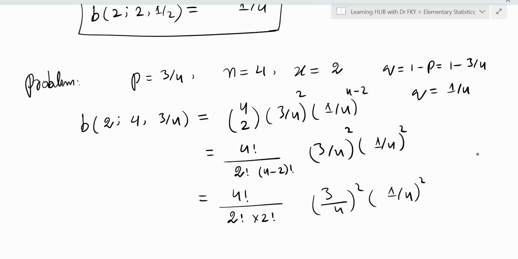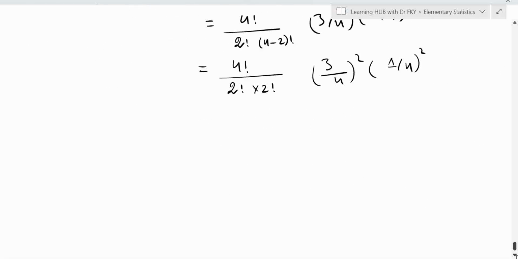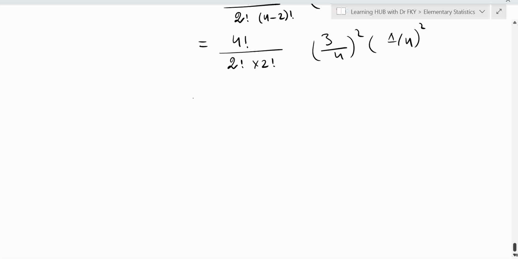Now you can simplify this: 4 multiplied by 3 multiplied by 2 pictorial, 2 pictorial into 2 into 1, because the 1 will be crossed with this 2, with this one.